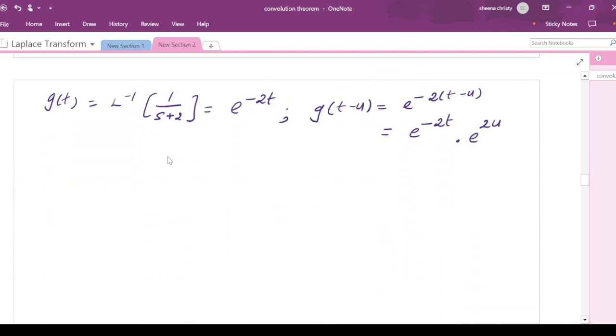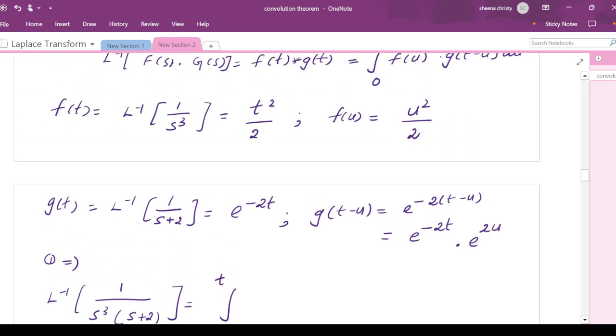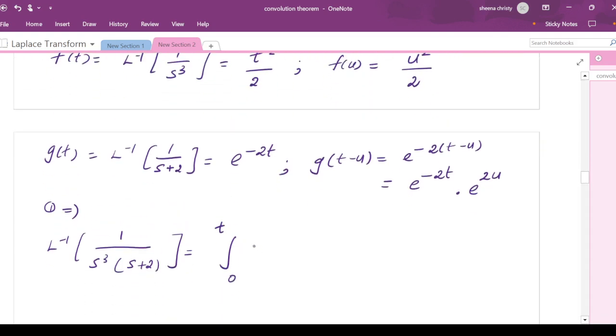Therefore L inverse of, according to the first equation, L inverse of 1 by s cube into s plus 2 can be written as integral 0 to t, f of u is u square by 2, times e power minus 2t into e power 2u into du.